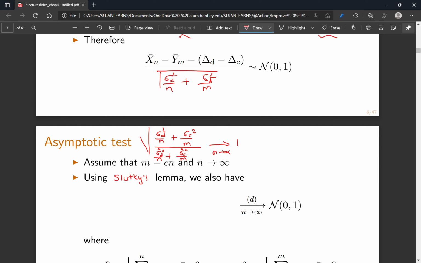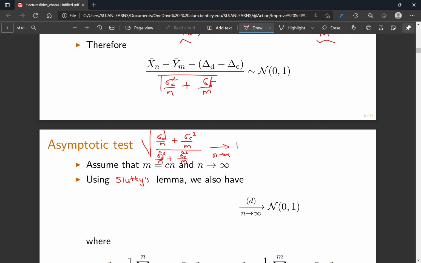And why do we say just n goes to infinity without mentioning m? Because n and m are related, because n is equal to m by c. For that reason, we just say if n goes to infinity, then this goes to 1.